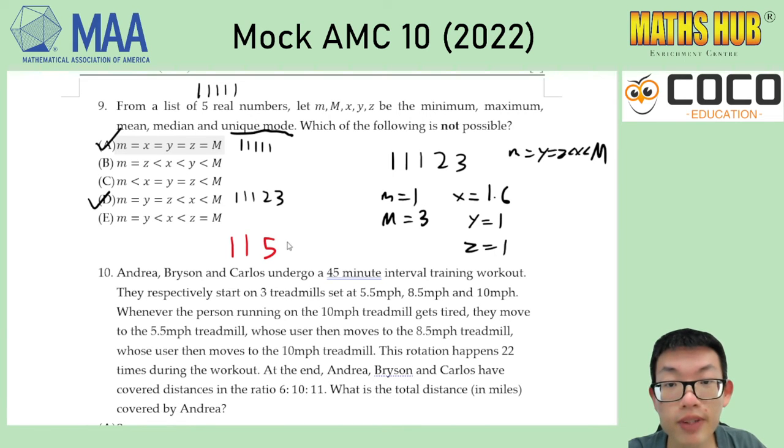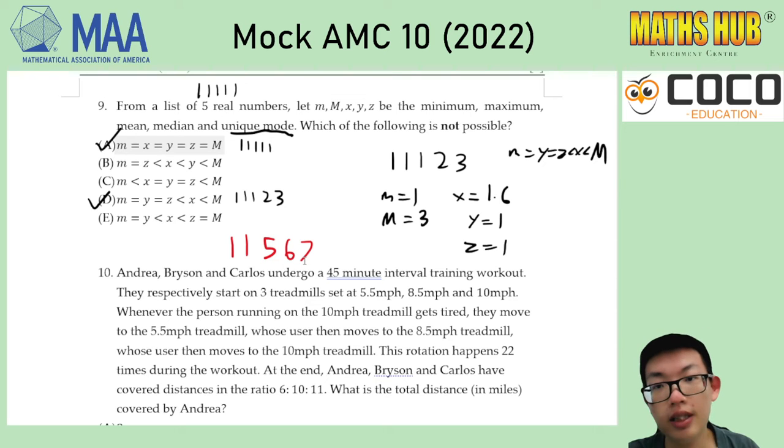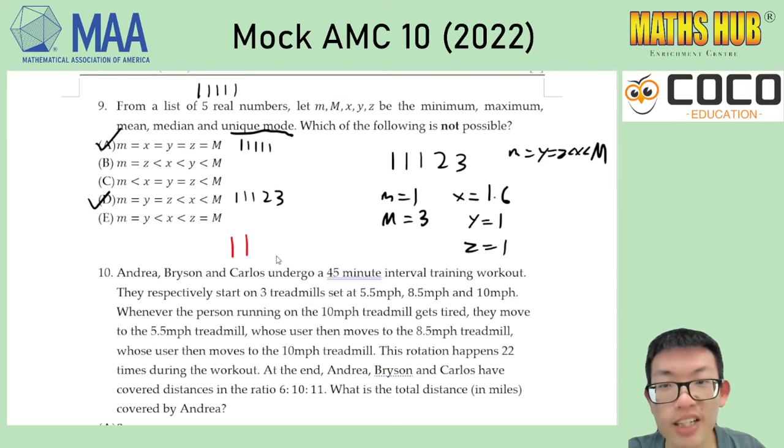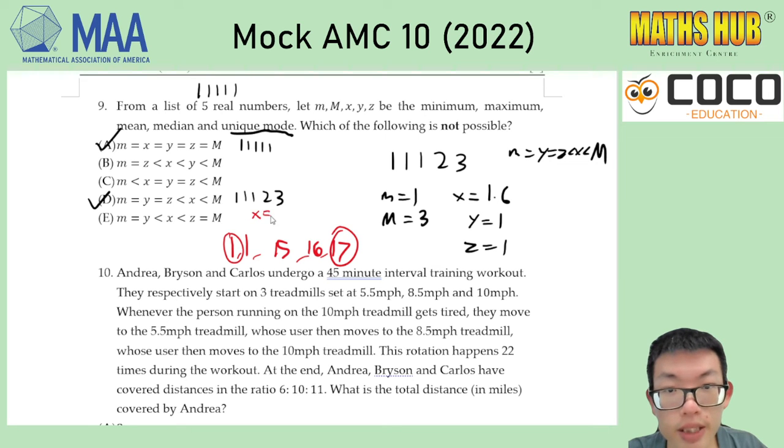So maybe I did something like 1, 1, 5, 6, 7. Does that work? Maybe I'll just do 1, 1, 15, 16, 17. I want to make sure that the mean is only going to have 3 big numbers and 2 small numbers. So if we did this, you're going to have your boundary values. Mean is going to be 10, median is 15, and the mode is 1. So that does actually work out.